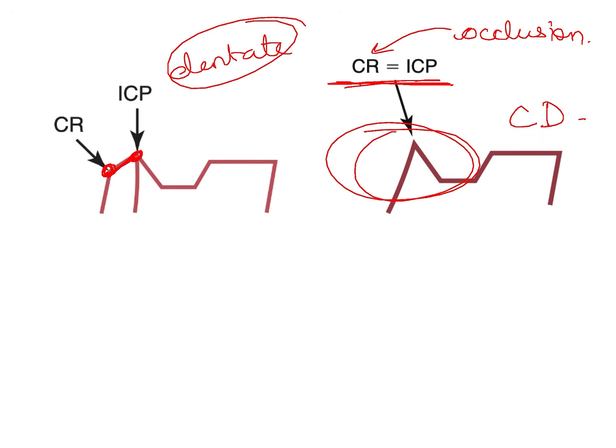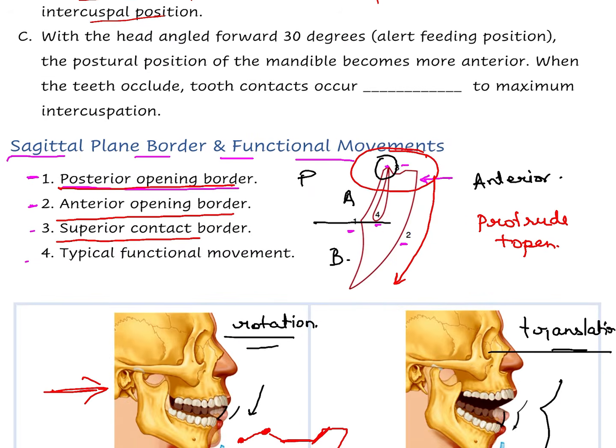Got it? Then the last part is typical functional movement. So if you look at this teardrop number 4, this is the functional movement. Normally when you are eating, chewing, talking, you are not going to open your mouth so wide in an exaggerated form. The functional movement of the mandible is limited inside this. So that is the functional stroke. That means only this much is the normal movement that happens when you look at the cross section from the side.